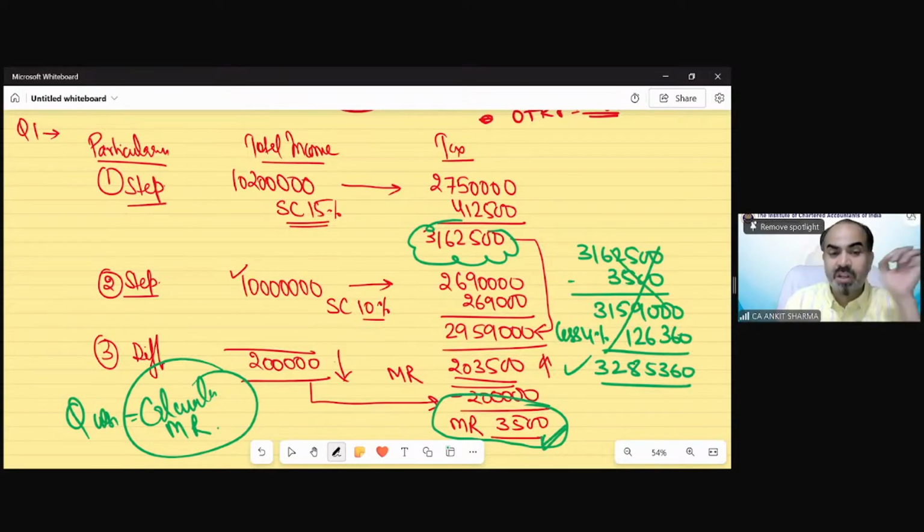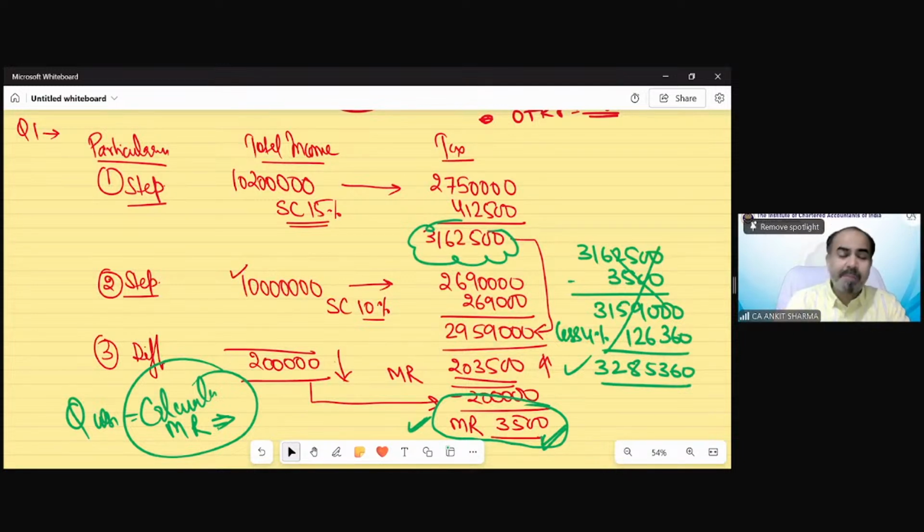If the question asks you to calculate only marginal relief, then listen very carefully: your answer would end over there. Do not be over smart, because this over smartness will cost you a lot. First thing, you will consume more time giving something which the question does not require, so you would have less time for solving other questions.